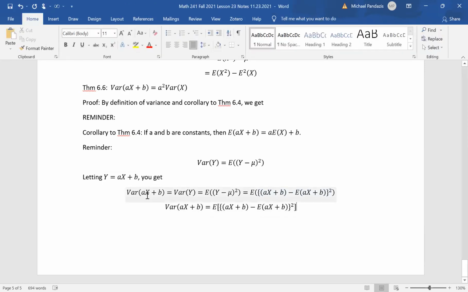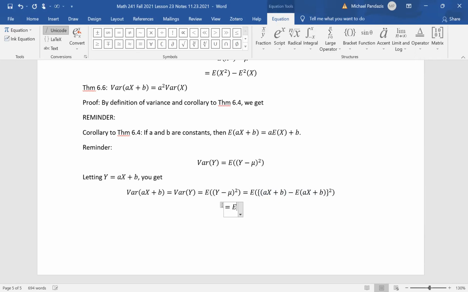Okay. So I'm using the definition of variance, and I'm using that the random variable in the definition is AX plus B. And so that's how I'm getting this expression here. I just wrote that out, more steps there.